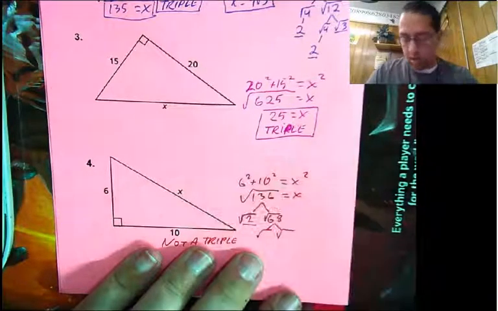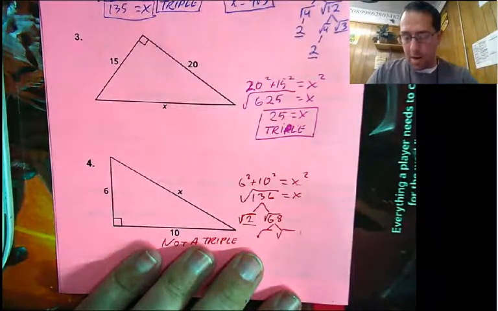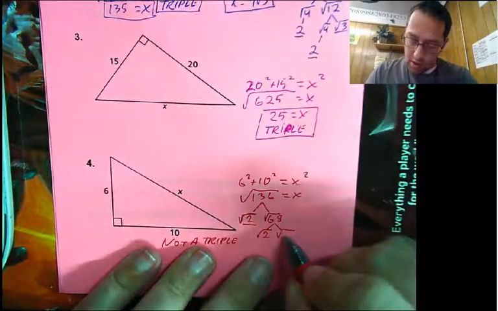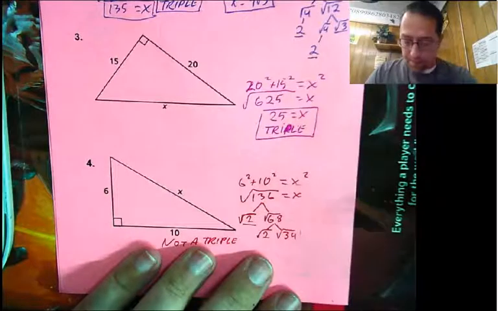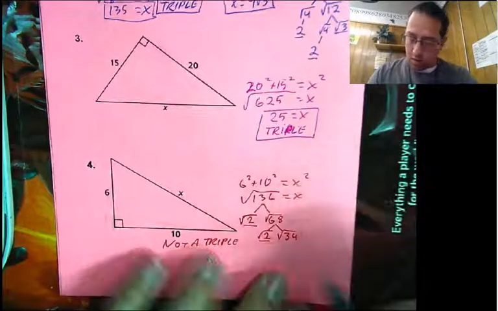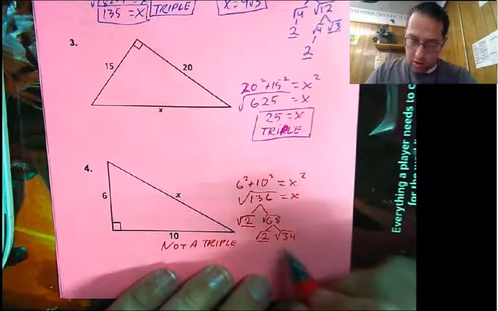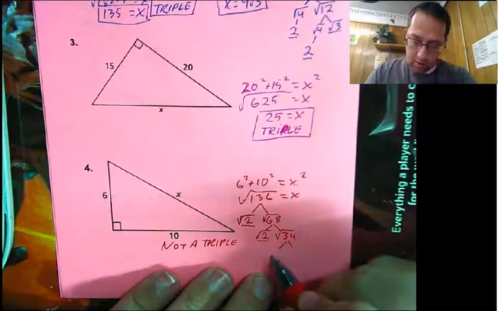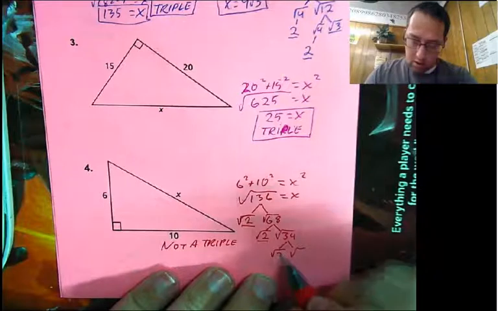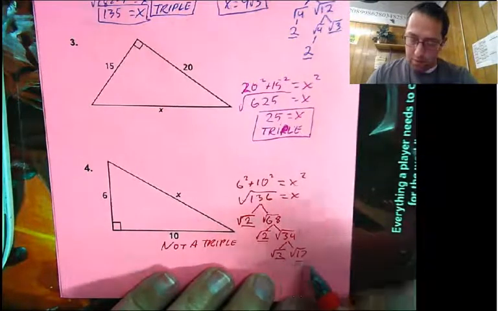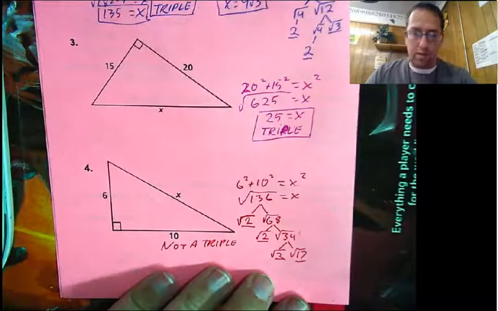What do we got? 68 is divisible by 2 again, because it's even. So that would be 34. 2 is prime, so that's done. 34, well, it's divisible by 2 again, so let's do another 2. So 2 and 17. Well, those are both prime, so that means we're done.